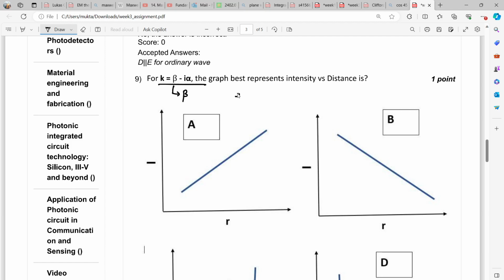So when I write e power minus i k x, I'll just expand it: e power minus i beta x into e power plus i squared, which is minus 1, and there is already a minus here, so that will become plus alpha x, correct?